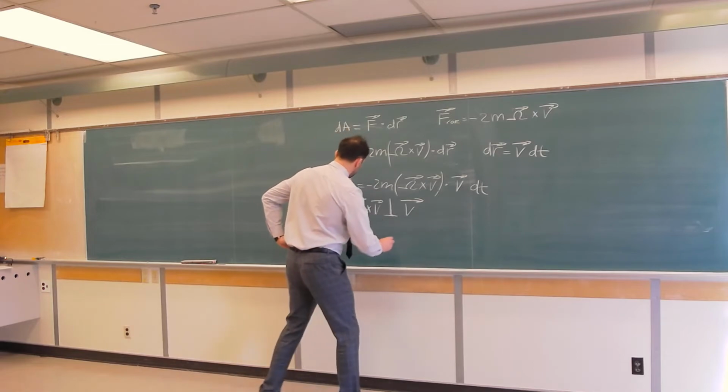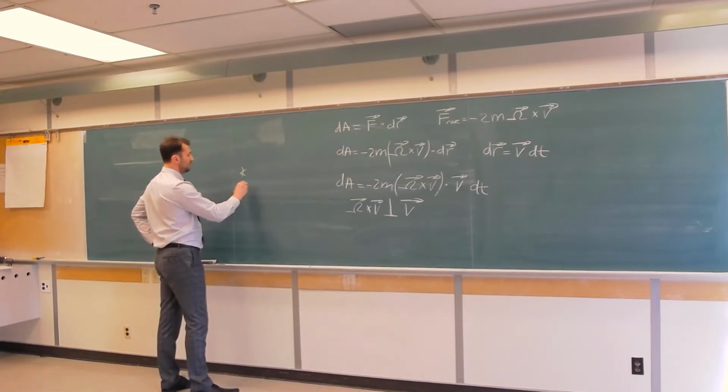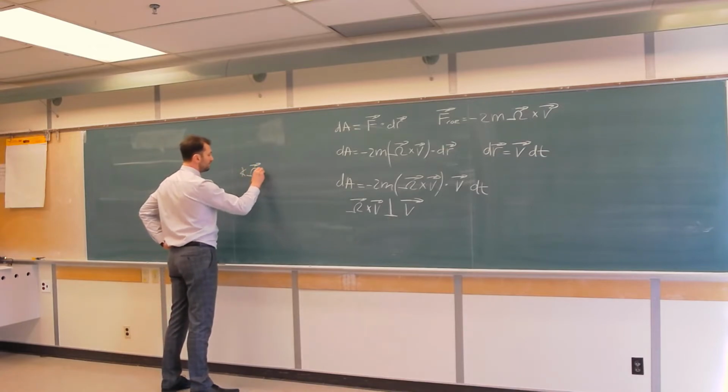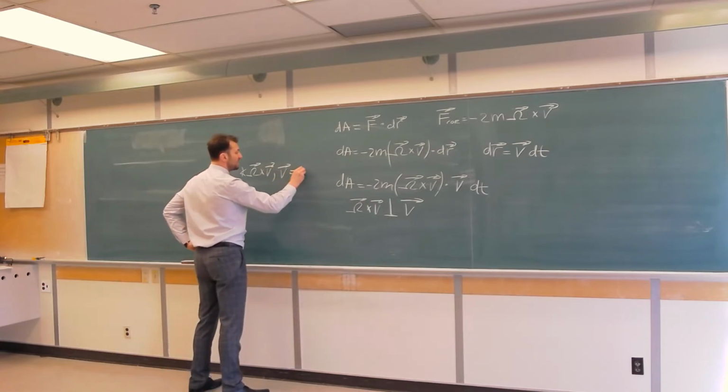Perpendicular means angle between omega cross v and v is 90 degrees.